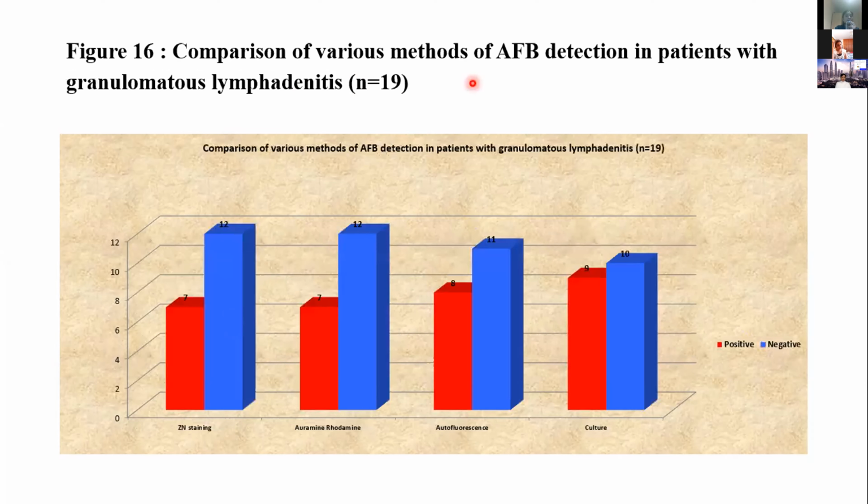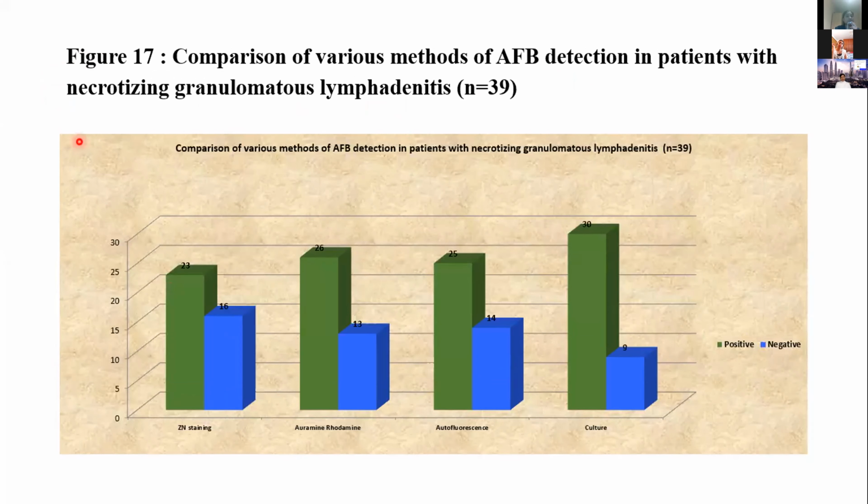With the granulomatous cytomorphological pattern, out of the 19 cases, the highest sensitivity was shown by autofluorescence, followed by auramine rhodamine and Zn staining.